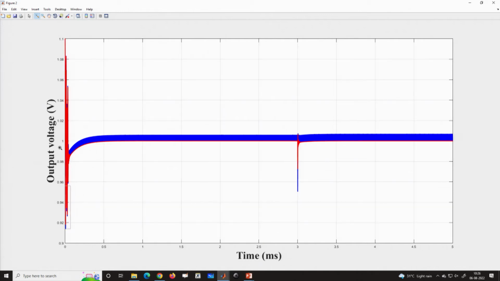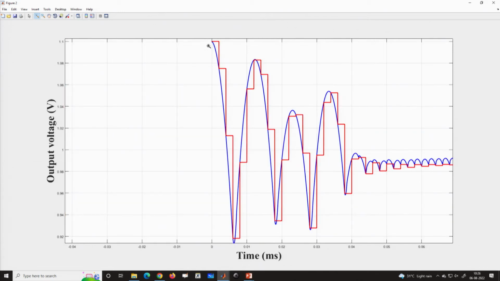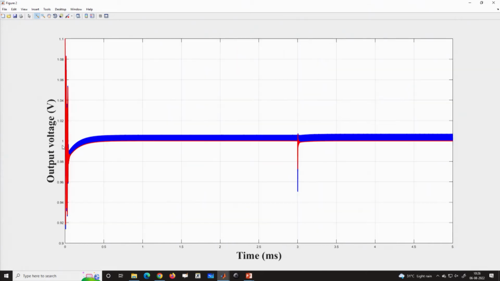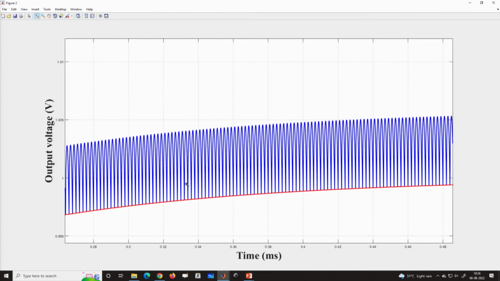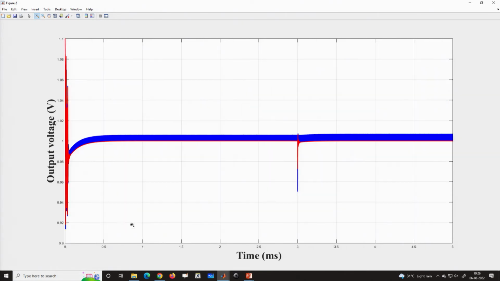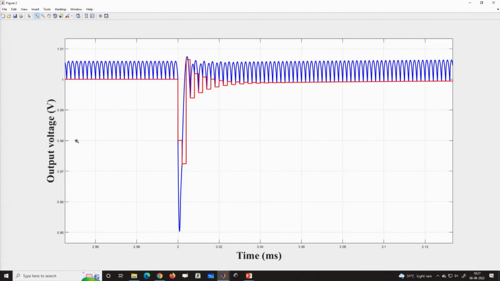In all this waveform, you see we are taking the sample at every switching instant, and that is what we are regulating. Once it slowly settles down, we are settling the sample voltage.